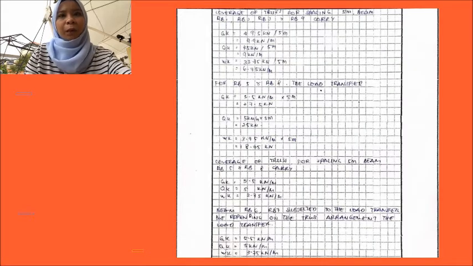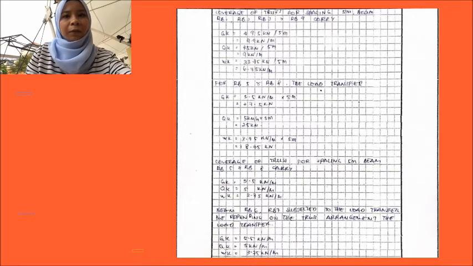Roof beams 1, 2, 3, and 4 carry GK 9.9 kN per meter, QK 9 kN per meter, and wind load 6.75 kN per meter. For roof beams 5 and 8, the load transfer is 5.5 kN per meter times 5 meter, which gives 27.5 kN, and for QK 5 kN per meter times 5 meter gives 25 kN.